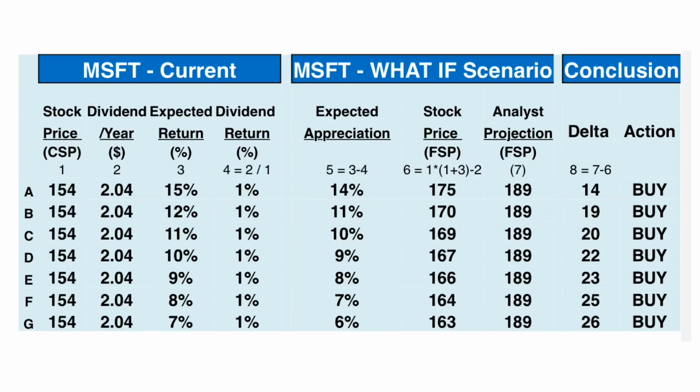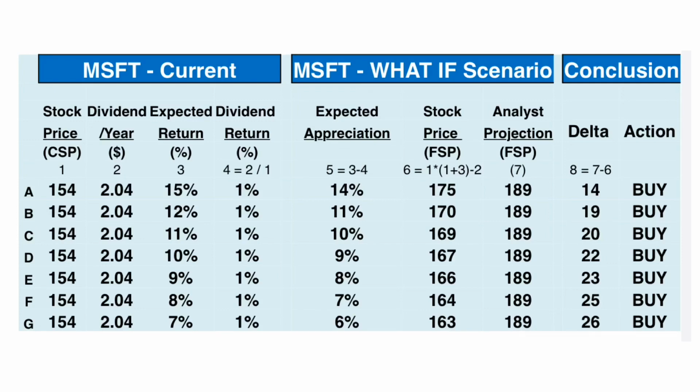Now, keep your eye on row A. If I am expecting a 15% return and I got my dividend, which is 1% on my investment, then what is left is the 14%, which I should expect from the stock price going higher, appreciation in value of the stock.